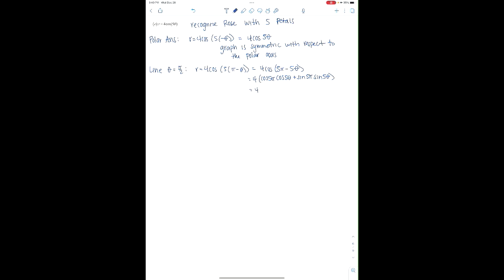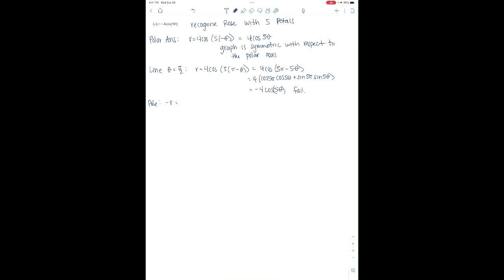And simplifying that, we should have negative 4 cosine 5 theta. So that's a fail. That tells us it might not be symmetric over the line pi over 2.